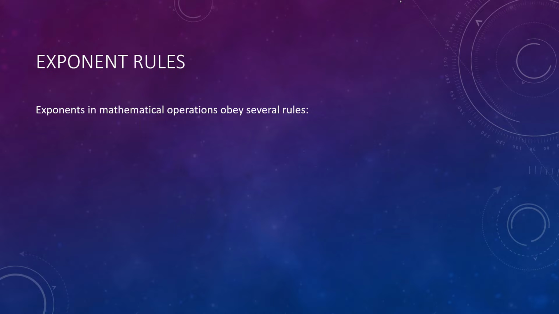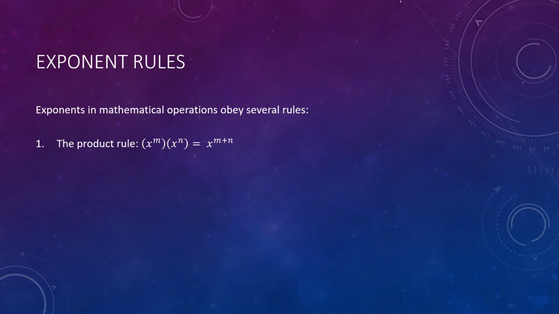Now, exponents obey several rules in mathematics. What I mean by this is, we have to ask: what's going to happen to exponents as we multiply two values or add two values together? Let's go through some of these rules. We'll begin with the product rule, which means multiplication in mathematics. Let's say we have some base number x raised to the mth power times x raised to the nth power.